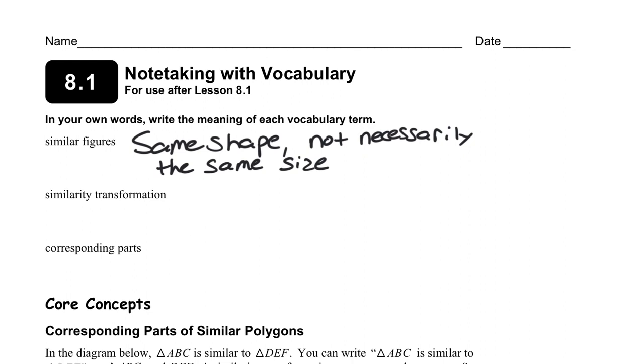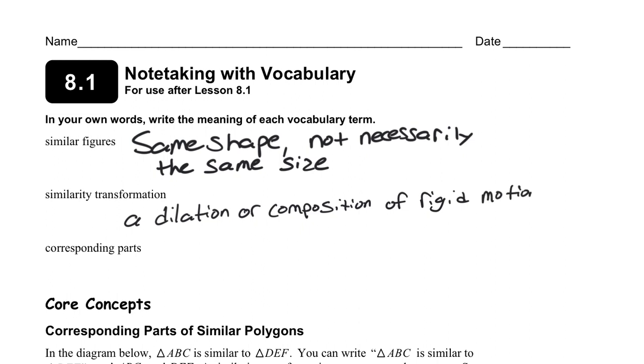A similarity transformation can be a dilation or a composition of rigid motions and dilations.